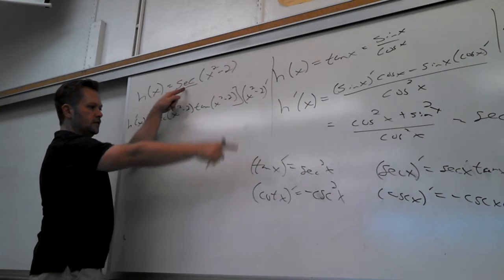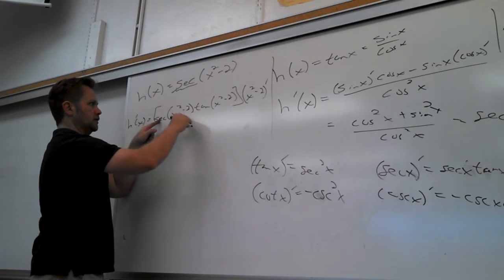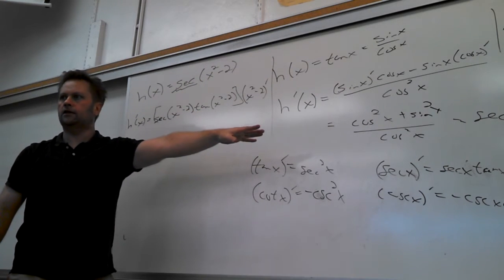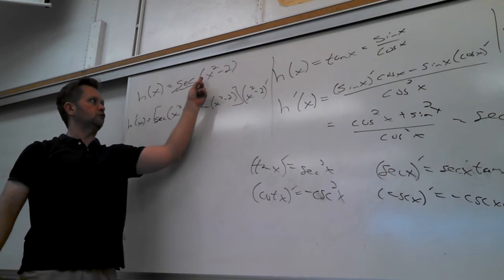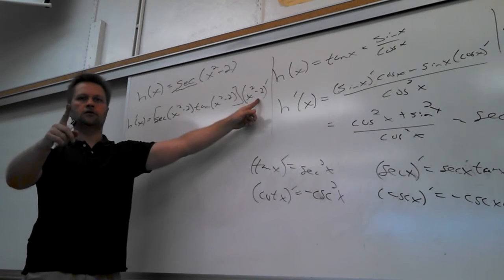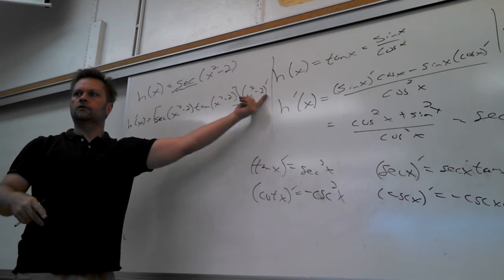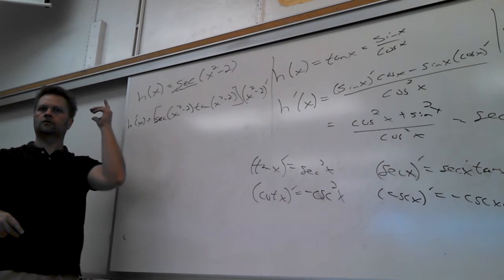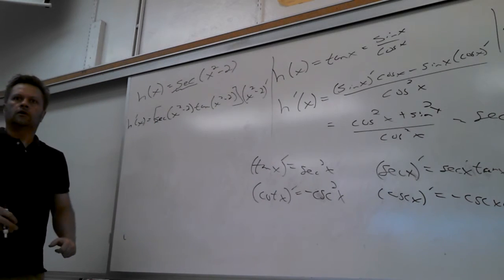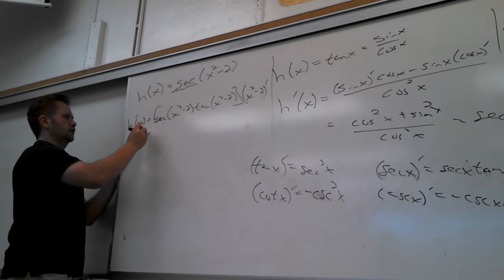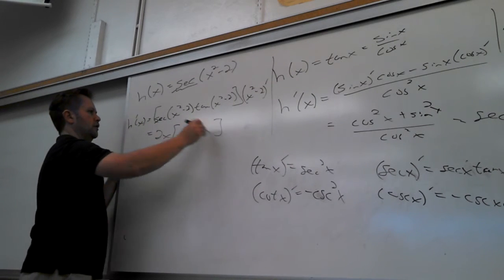Because the secant derivative is secant stuff tangent stuff. That's the definition. That's how secant derivative works. Chain rule then says, well, the inside gets a term. And of course, that's just 2x, and you can put that out front. And the same rule applies with cosecant. Of course, just with the negatives on there. So out here, 2x times all that mess in there.